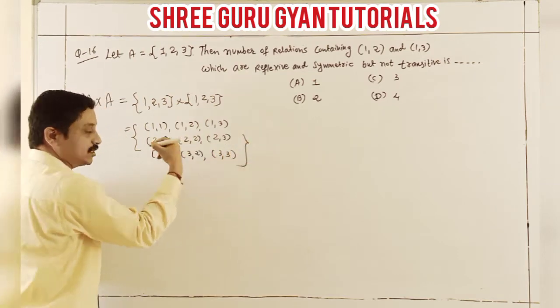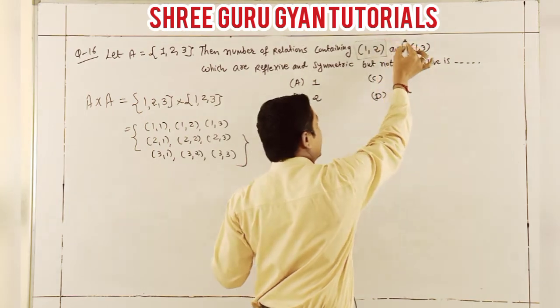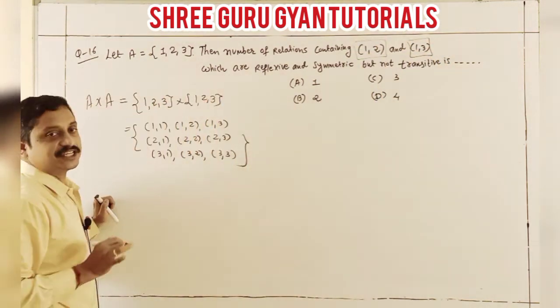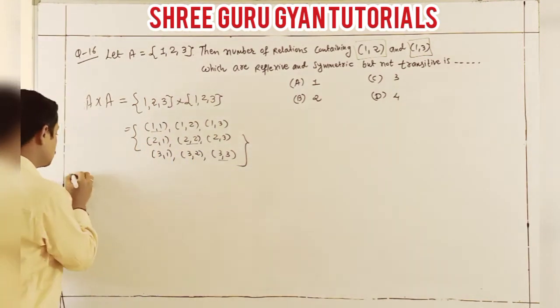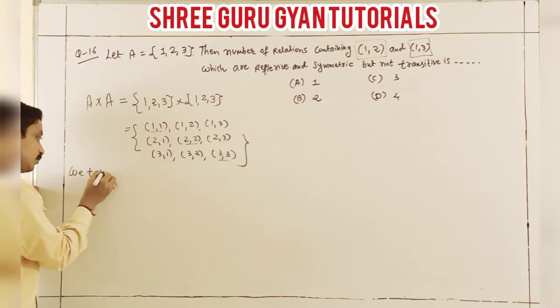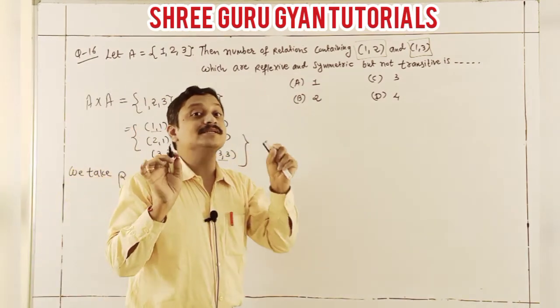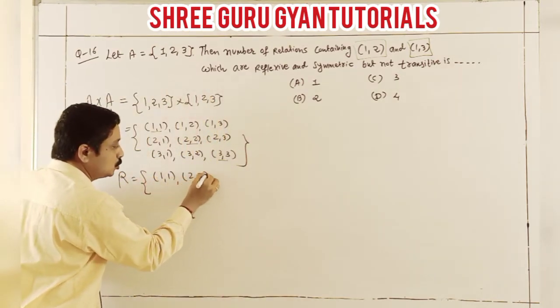Yes students, here I am just checking (1, 2) and (1, 3). First of all, I check reflexive: (1, 1), (2, 2), (3, 3) we are taking in relation R. For reflexive, you must take (1, 1), (2, 2), (3, 3).